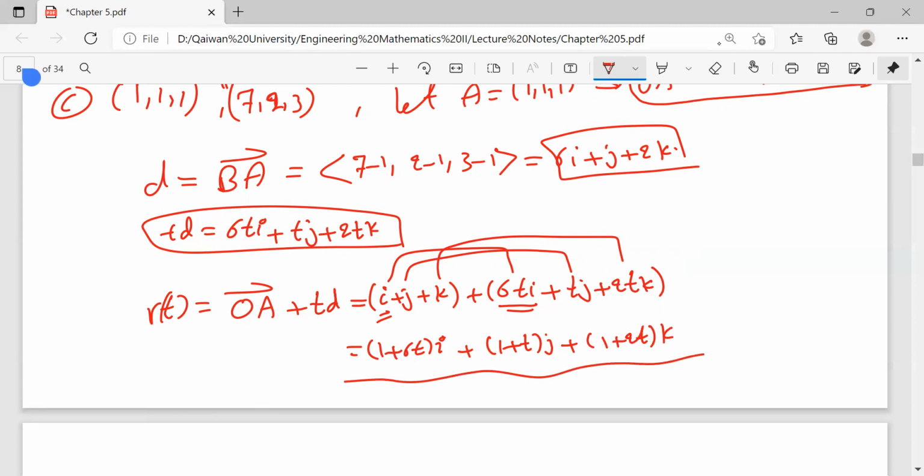This is the vector valued function which represents the equation of the straight line which passes through those 2 points.